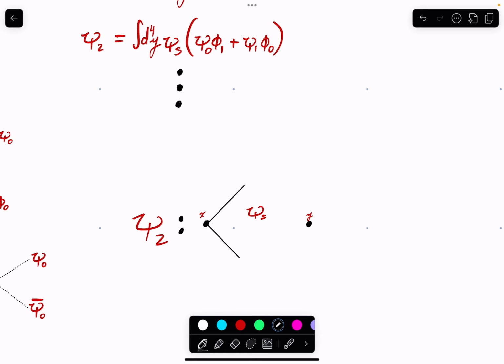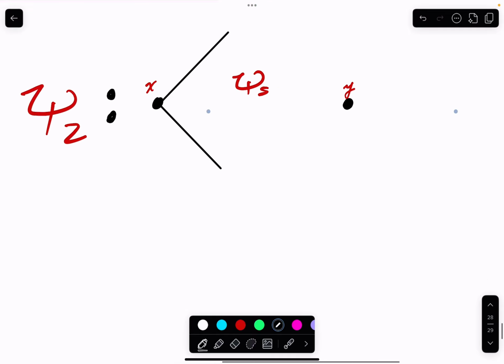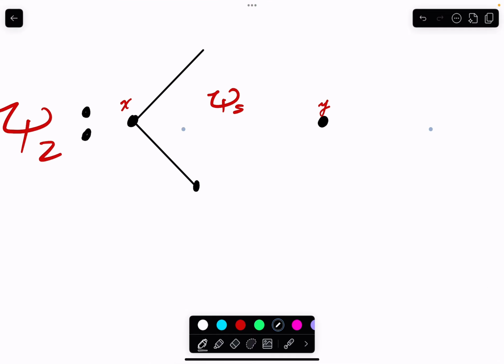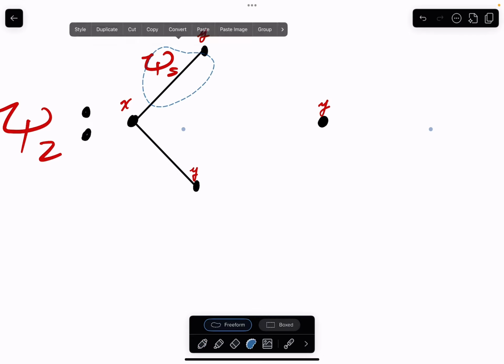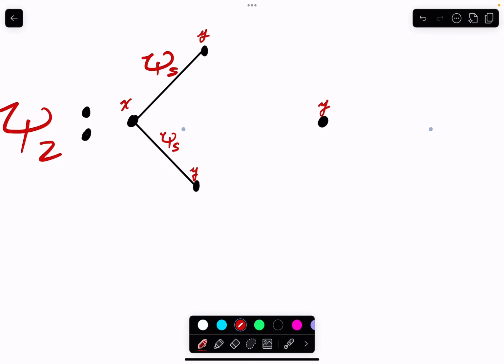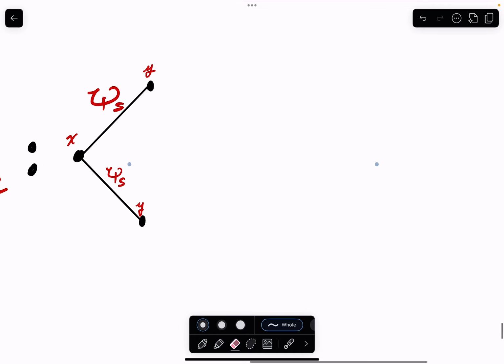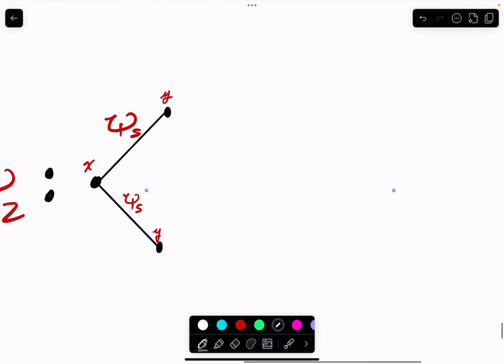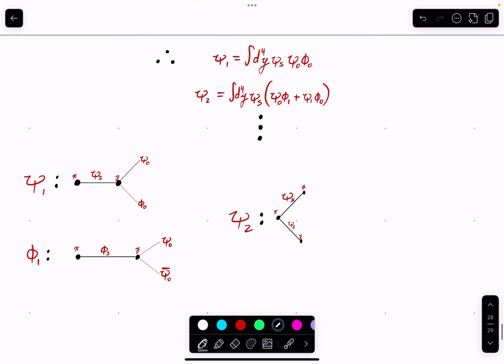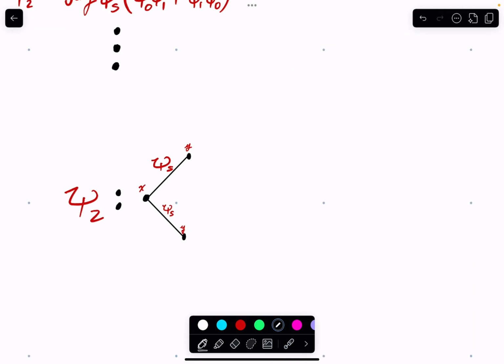And another 45 degrees. These are both representing the same position Y. And both of these represent the special solutions here. And the first one is going to be C naught and phi one.